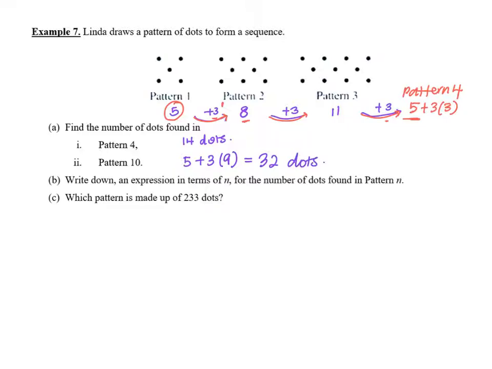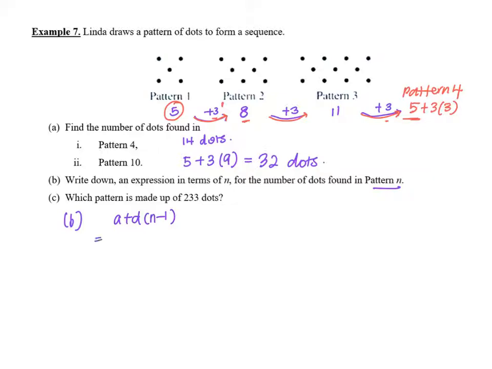Now part B: write down an expression in terms of n to find the number of dots in pattern n. In order to get the number of dots in pattern n, I need to analyze a little bit. This is adding a common difference of 3. So actually we have two different methods. Method 1 is to use the formula a plus d bracket n minus 1 for pattern n.